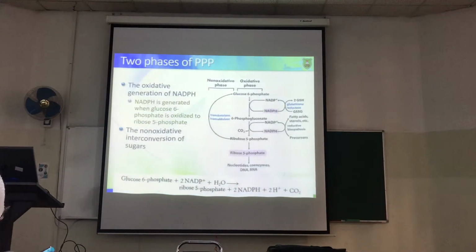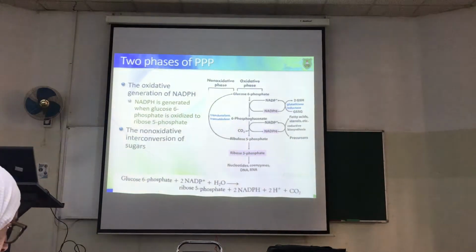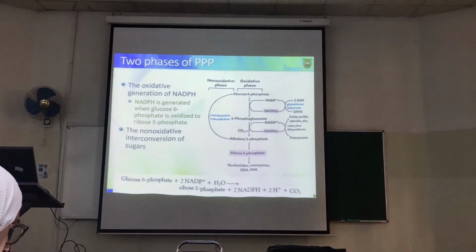This is the pentose phosphate pathway. And if you remember from your Biochem-2, when we talk about the pentose phosphate pathway, there are two phases: an oxidative phase and a non-oxidative phase. The non-oxidative phase is basically when you have 5-carbon sugars interconverting, so one changes to another, and so on, producing different types of sugars.